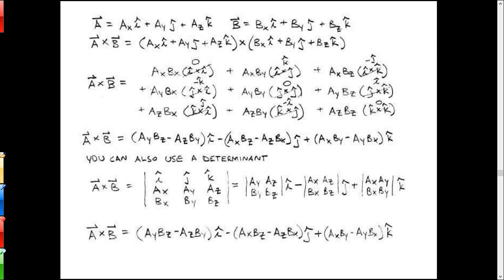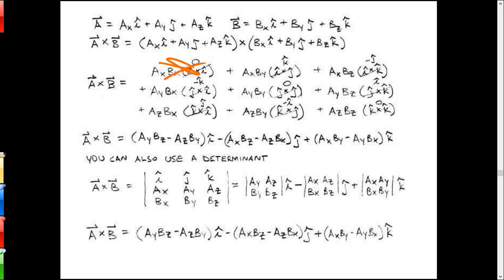So if you cross two vectors together, A and B, so you've got AX i, AY j, AZ k, and BX i, BY j, BZ k, and cross them, we just cross all the components together, okay? So we get a big 3 by 3 kind of matrix thing going there. AX BX, i crossed with i, that zeroes out.